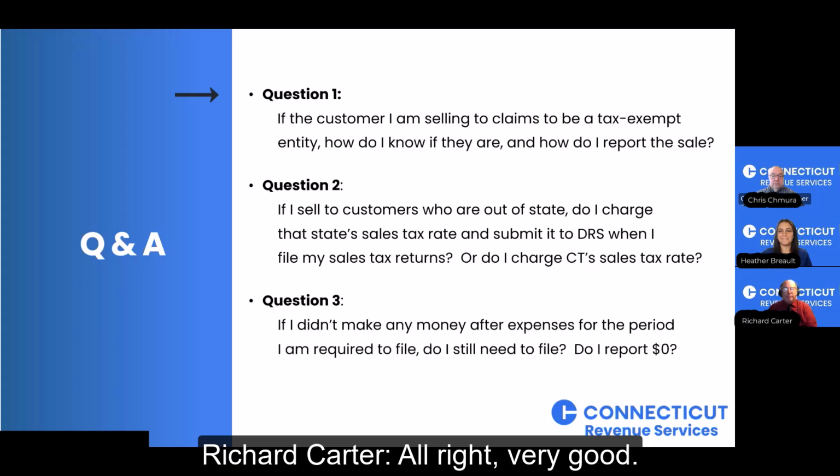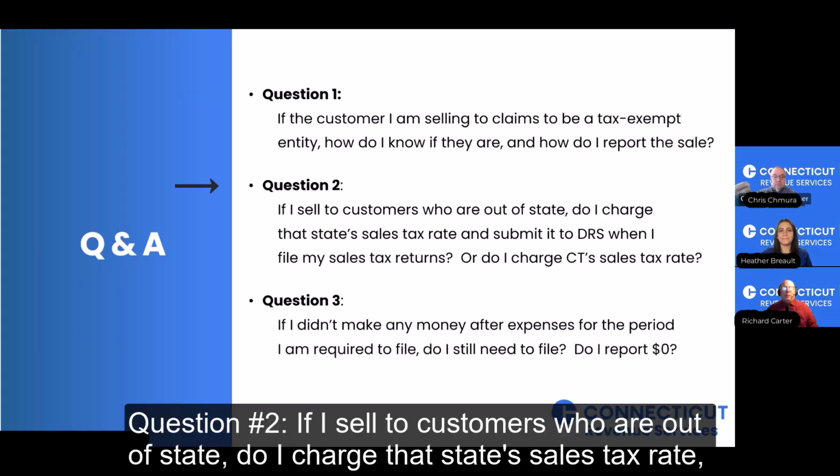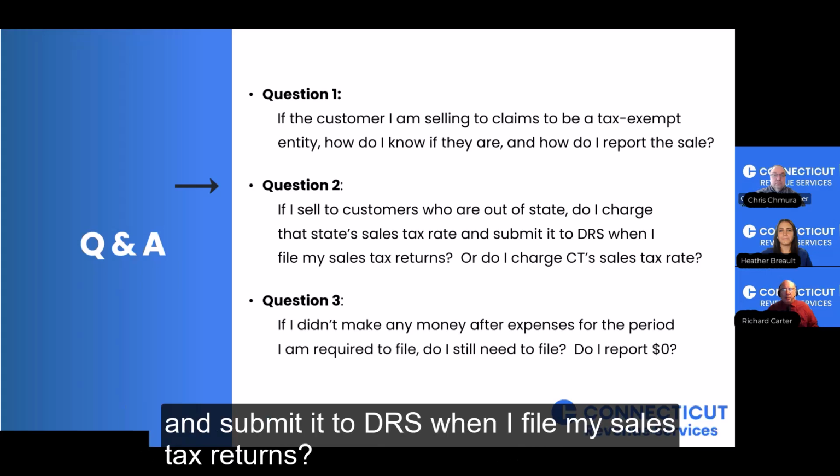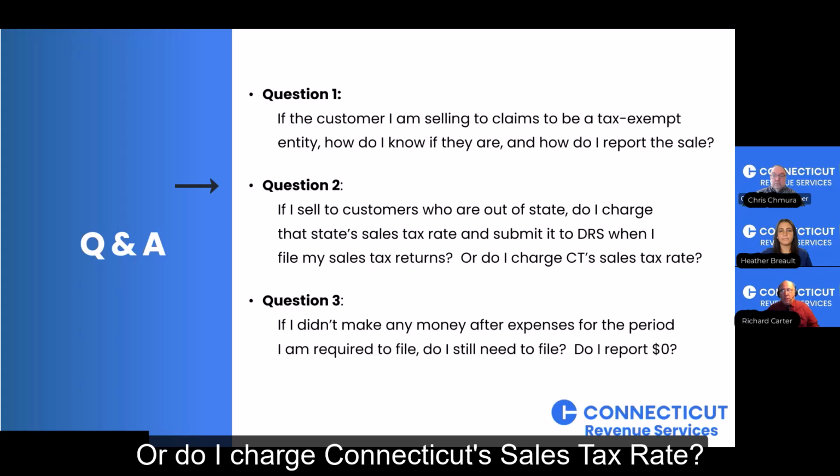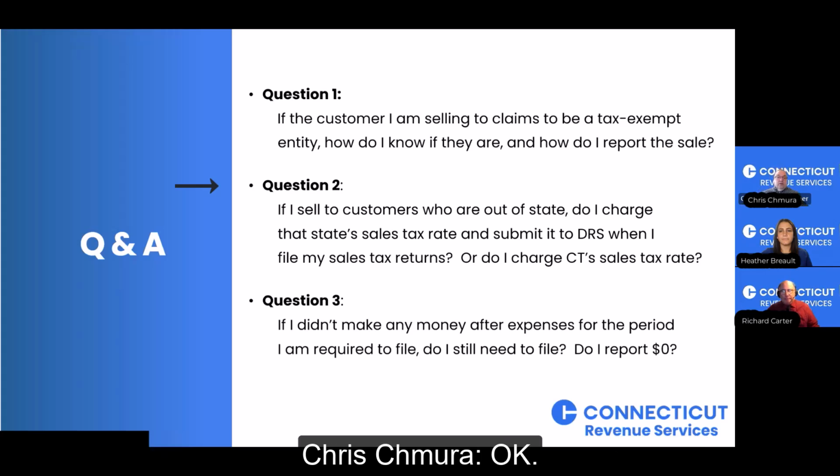All right, very good. Let's bring Chris into this. Question number 2. If I sell to customers who are out of state, do I charge that state's sales tax rate and submit it to DRS when I file my sales tax returns, or do I charge Connecticut's sales tax rate? Okay.